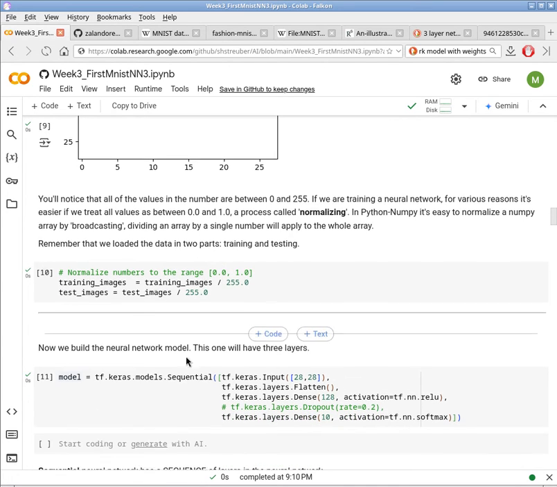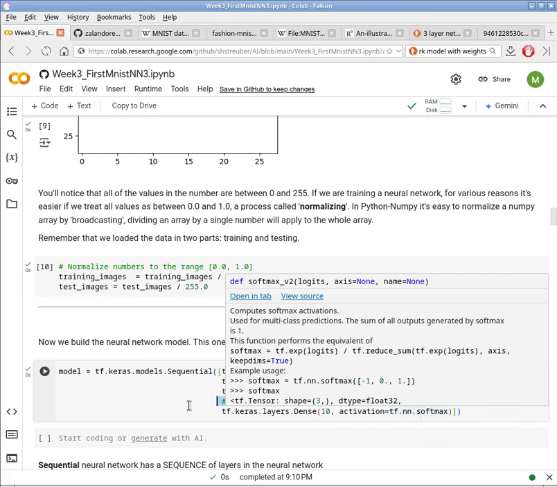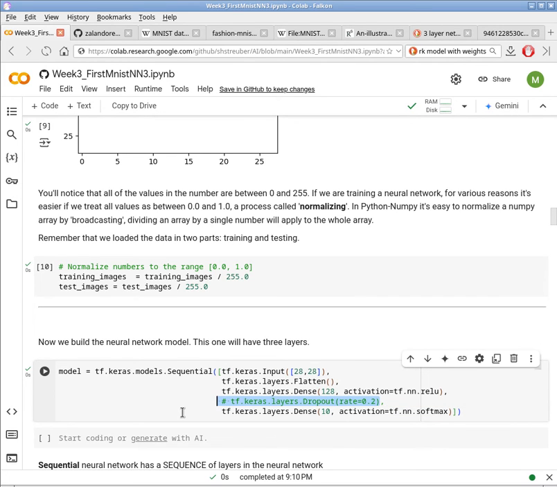And the other thing is this thing over here where it talks about dropout. Dropout is going to randomly drop out some of the connections. So between the hidden layer and the output layer, we're going to randomly cancel some of those lines. And that's going to make it a whole lot harder to memorize.